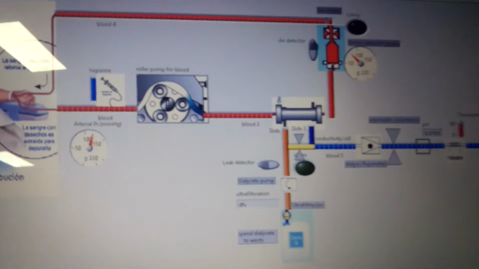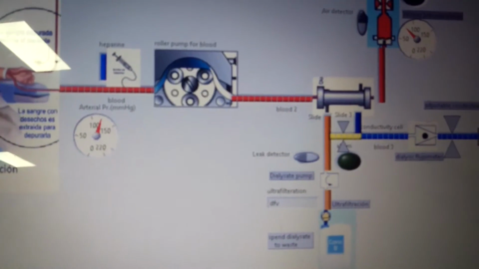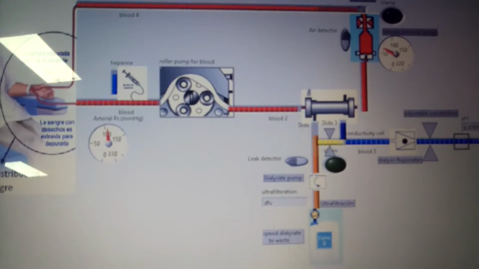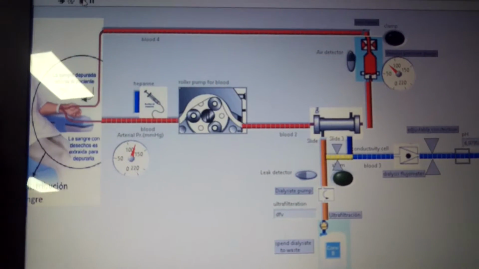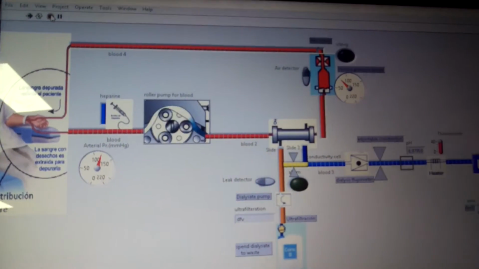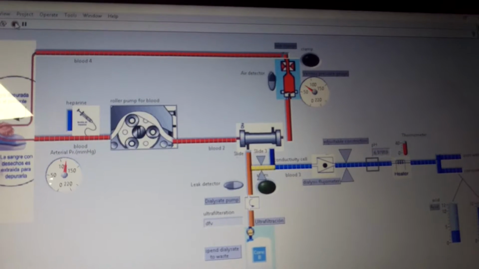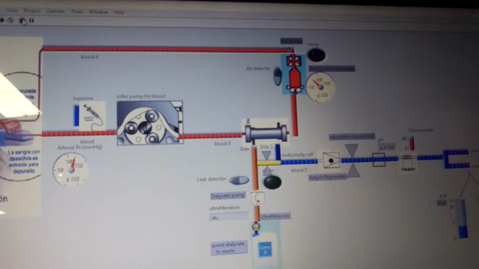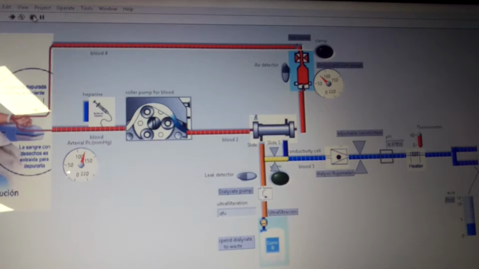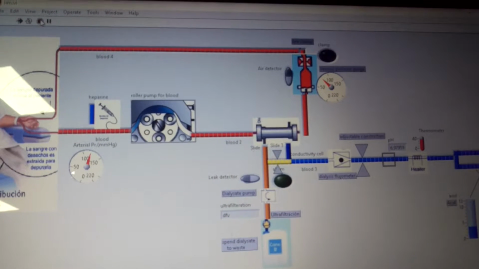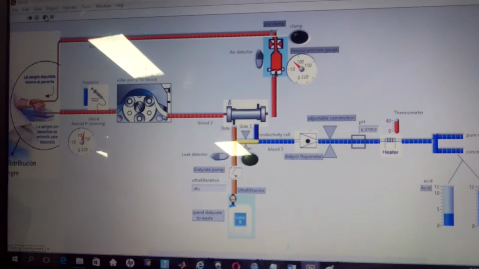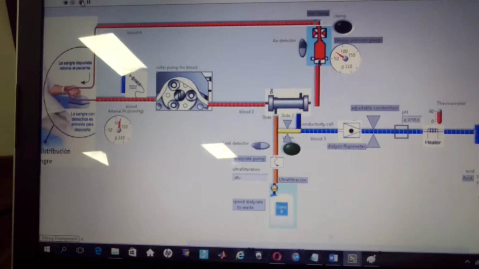In this part of the patient circuit, following the path, we find a detector at the exit of the filter that allows us to prevent air from entering the patient, and the formation of air sacs which are fatal for the patient.